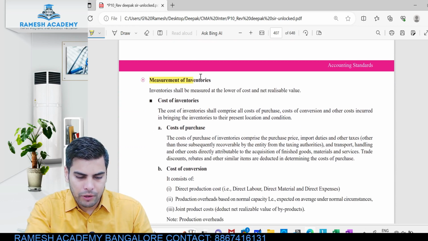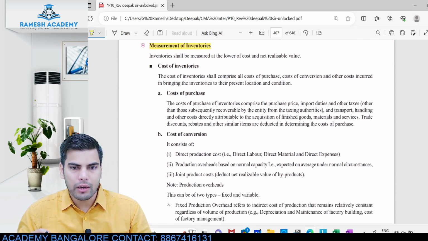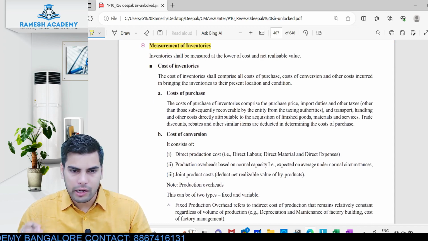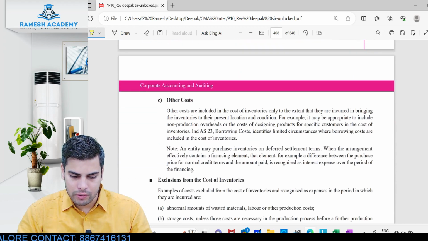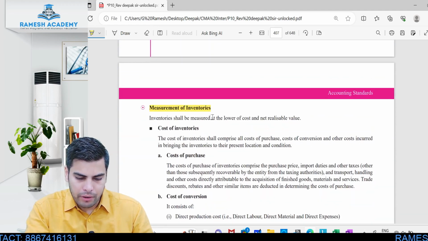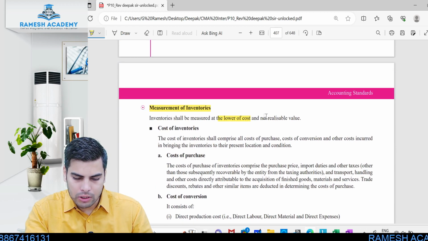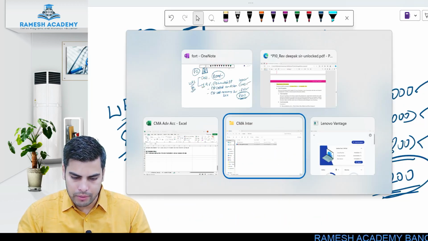So measurement of inventory. How exactly are we supposed to measure the inventory? Inventory will be valued either at cost or net realizable value, whichever is less. Net realizable value we have already understood, right? So let's talk about this cost component. Inventory shall be measured at the lower of cost and net realizable value.